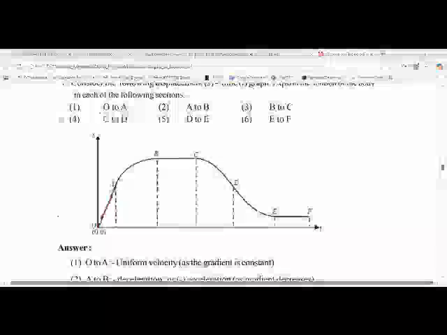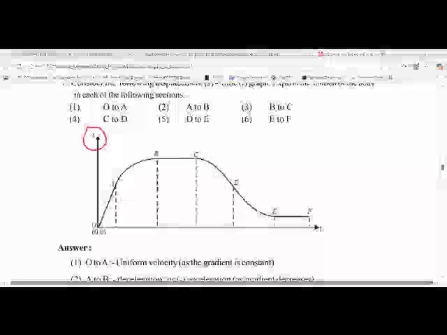Where should you focus your attention first? You must pay attention to this sign. You can see here, S. Then this is a displacement time graph according to the description.